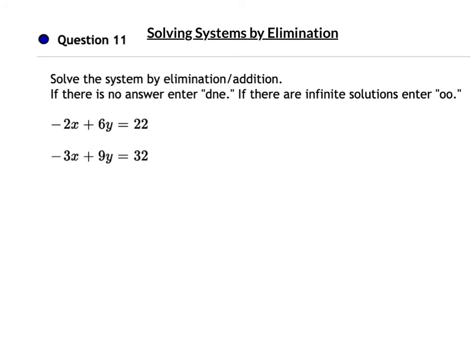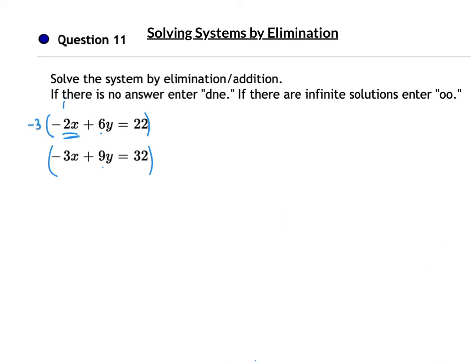In question 11, again, you don't have a pair of opposites, and I'm going to have to change both equations. The smallest number that 2 and 3 divide into is 6, so that could work. The smallest number that 6 and 9 divide into is 18. Let's use the x's because they're smaller numbers. The top one, I'm going to make positive 6. Negative 2 times something is positive 6, that'd be negative 3.